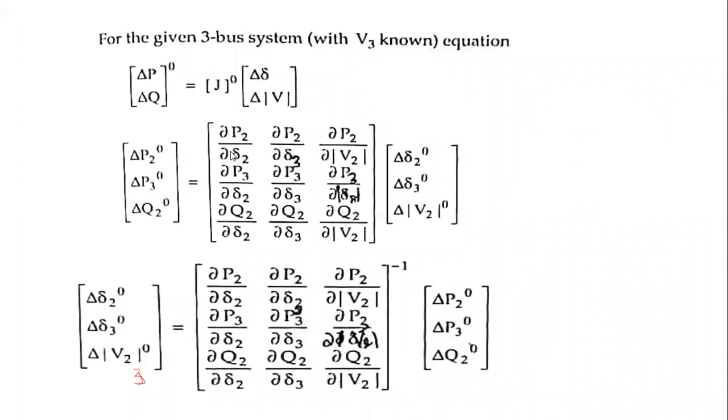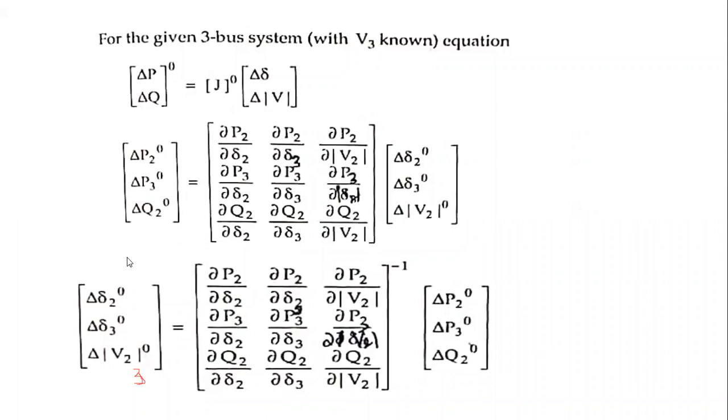Okay, the formula is dou P2 by dou delta 2 is equal to sigma Q equal to 1 to N, Q is not equal to P. Q means the K, P is the I. V_P, V_Q, Y_PQ, sine of theta PQ plus delta P minus delta Q. Okay, by using that formula, we find out the Jacobian matrix terms.